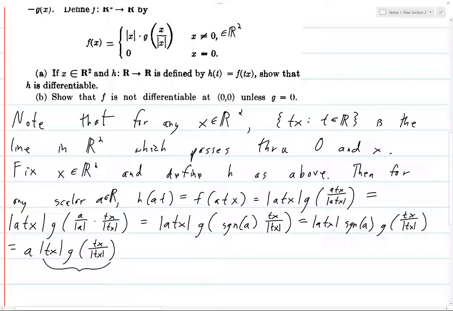We've seen this before. Remember when we went from f to g up here, we did this sort of thing. So this ends up being equal to a times f of tx, and that's equal to a of h of t.